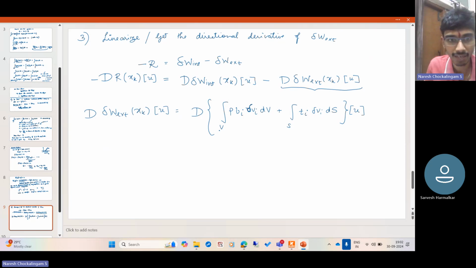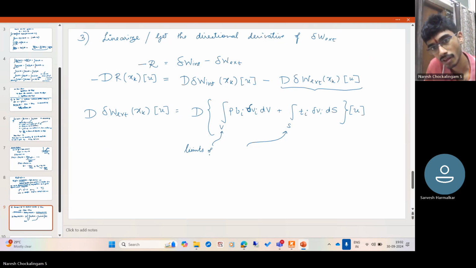So again, the difficulty here is that the limits of the integration depend on the deformed volume. The limits of the integration depend on the deformation.